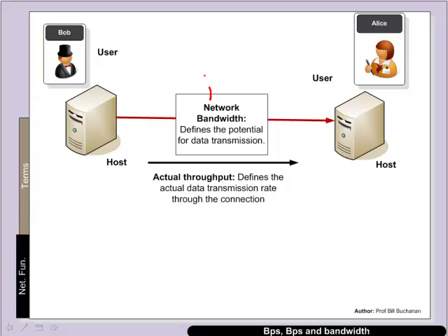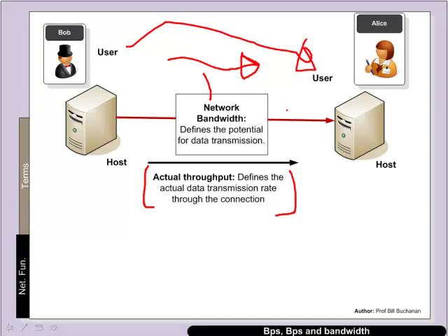So the network bandwidth gives the potential of a connection for the number of bits per second, but this connection could be shared or could have other efficiency issues. Thus we define another term, the actual throughput, which is the actual rate that a user can transmit to another user at any given time over the connection.